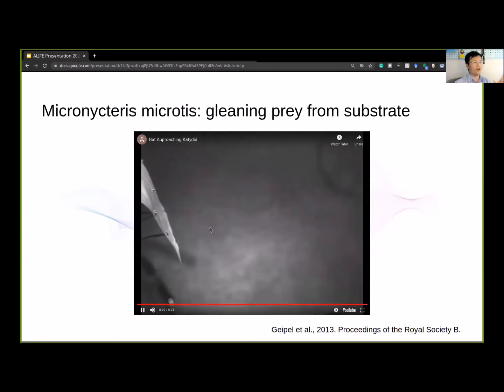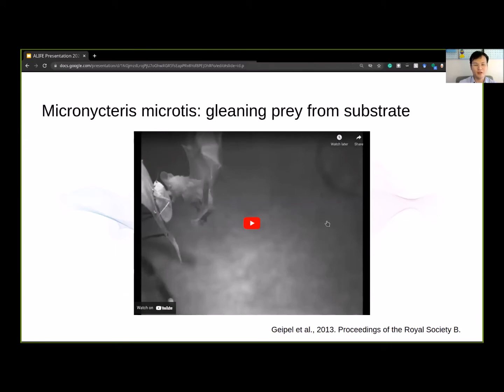To explain why this task is complex, you have a leaf right here, then the bat first has to detect whether there's an anomaly in terms of geometry in the middle of the leaf, so that it can decide whether it's even worth trying to approach and bite. Then after that, it needs to figure out where exactly the prey is on the leaf. So that's quite a complex task.